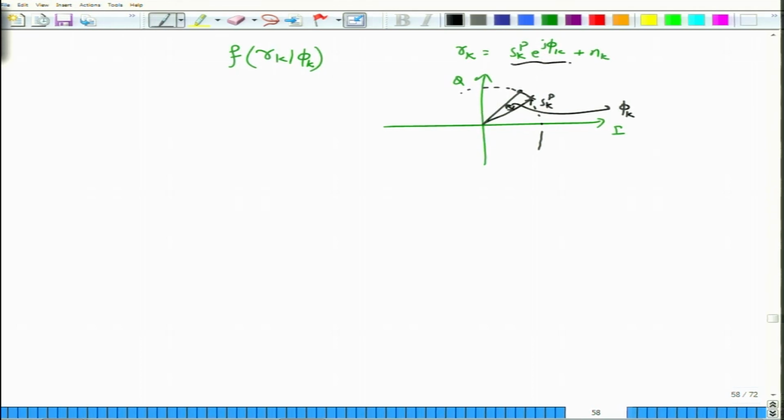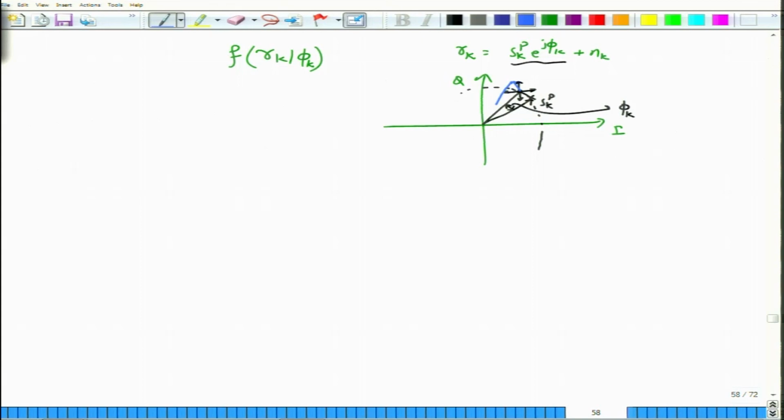Okay. Now, there is a noise. Noise could be added in any direction, meaning that it has both in-phase and quadrature components, and therefore its amplitude could be some magnitude, but the phase could be anywhere. So after assuming that the noise is realized in this particular way, the width around this point is determined by the variance of the noise.